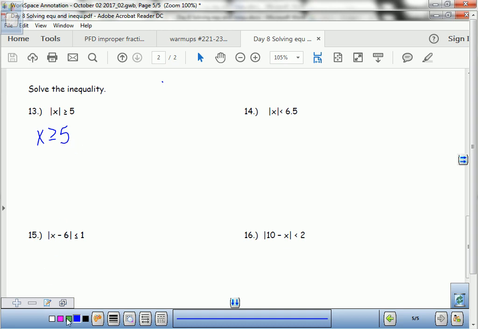The second one, what's in here doesn't change, but we switch the inequality, so it goes from greater than to less than, and then we change the sign. So this is a positive 5, it becomes a negative 5. Okay, so that's how we set it up.